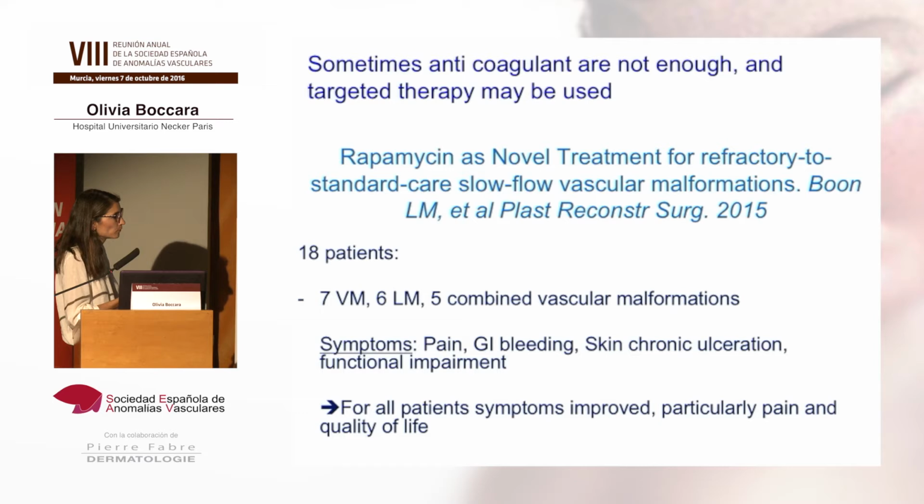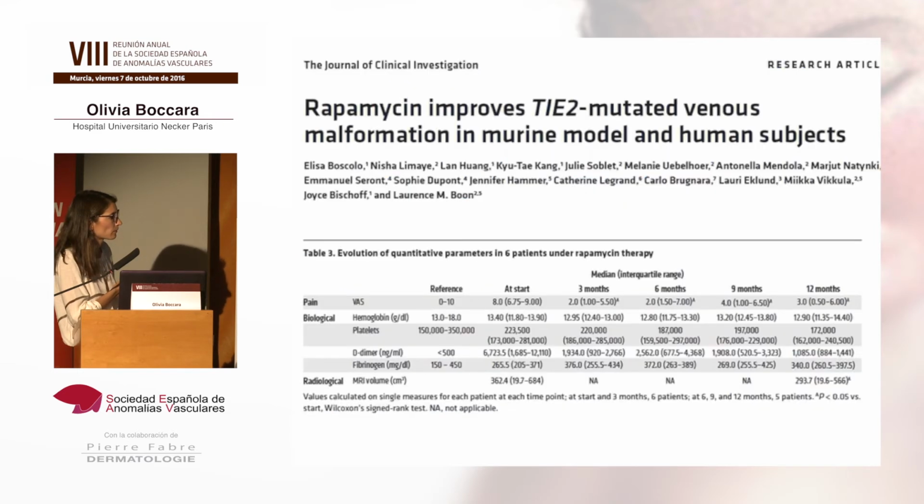And the study of Laurence Boone showed that patients with slow flow vascular malformation, including venous malformation, really improved on the symptoms by using rapamycin when their symptoms escaped all the previous treatment we've been talking about.